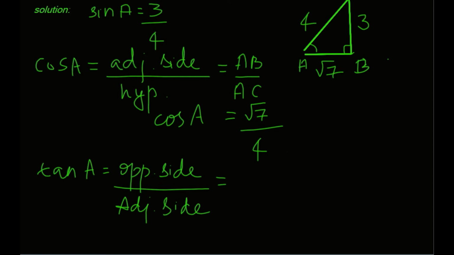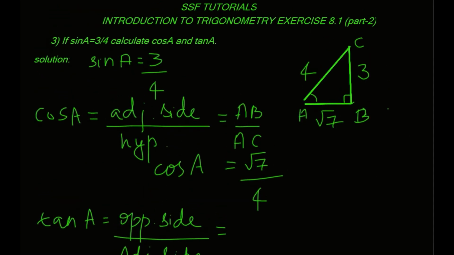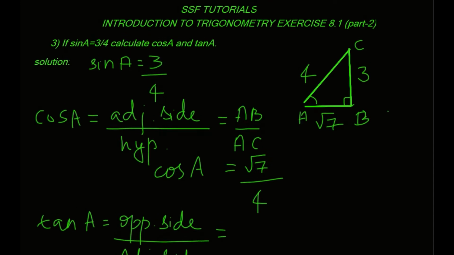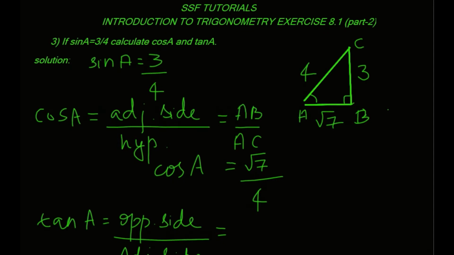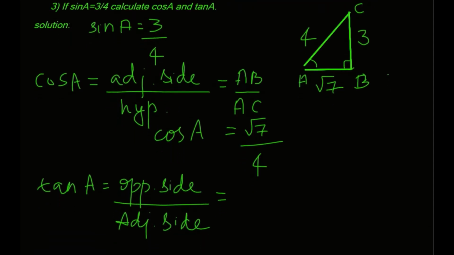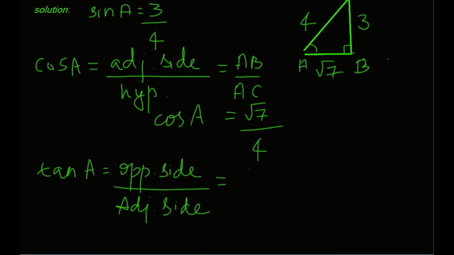From the figure we can see that the adjacent side is AB and the opposite side is CB. So let's write it. The opposite side, as we know, is CB and the adjacent side is AB with respect to angle A in the figure. The side CB is equal to 3. The side AB is equal to root 7.